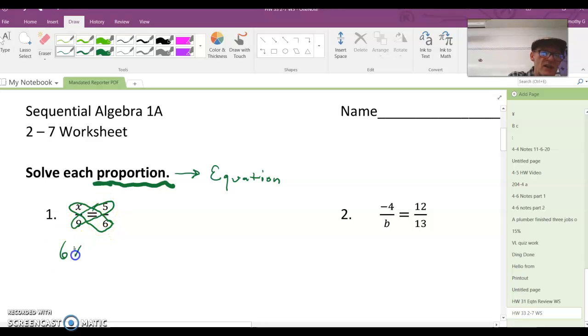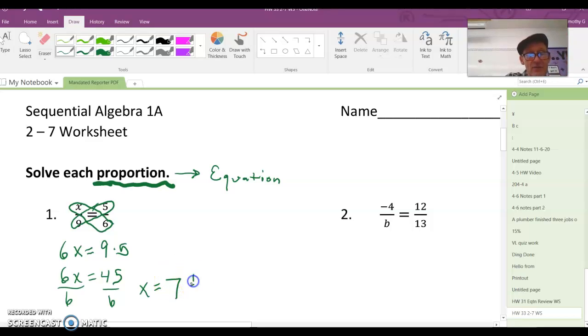So we get 6x equals 9 times 5, or 6 times x equals 9 times 5. So 6x equals 45. And divide by 6 gives us x equals 45 sixths, which is really 7.5.